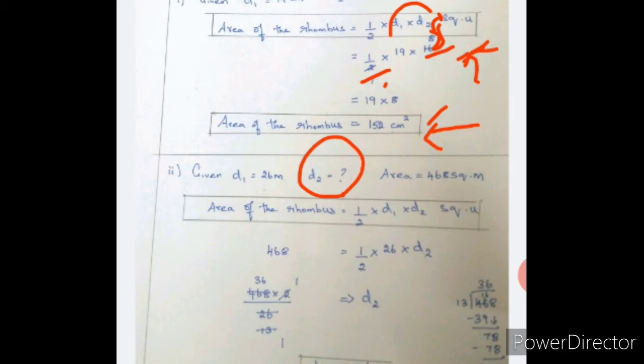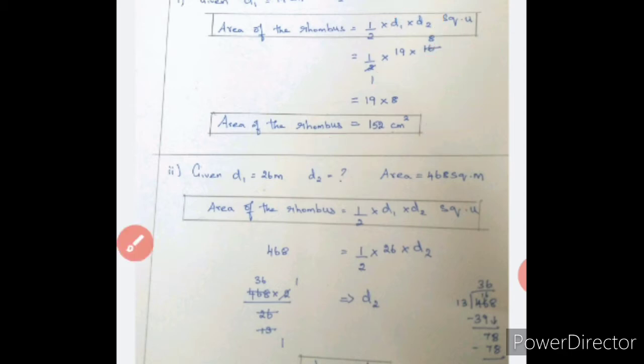In the second subdivision, you are going to find d2, that is diagonal 2. So the given area is 468 square centimeter and d1 they have given as 26 centimeter. So area of the rhombus equal to half into d1 into d2. Substitute the given value in the formula. So in the area of the rhombus, what is given in the question?